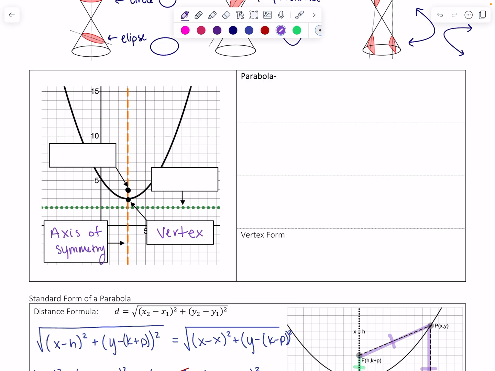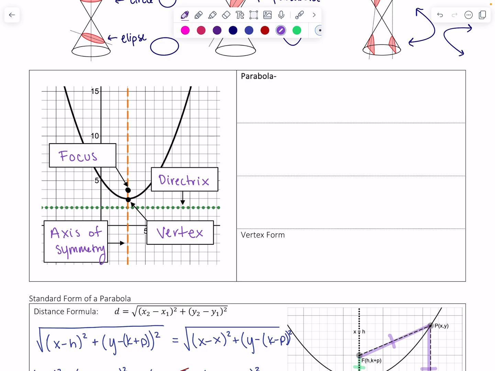The two new things that we're going to be talking about are a focus and our directrix. So this point right here is our focus, and this line down here is the directrix. We know that our vertex is on the parabola, and it goes right through the axis of symmetry. Let's define what these things mean now.